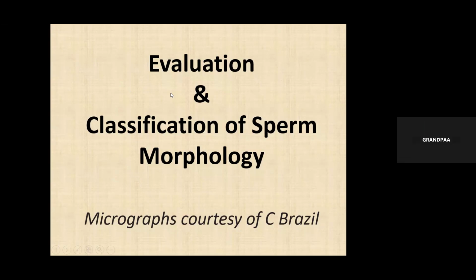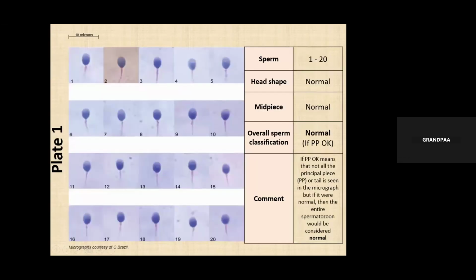So these are some micrographs that are compiled by C. Brazil, who is also an andrologist, a specialist in andrology. You have plate one, and you can have as much as 15 of them and more.